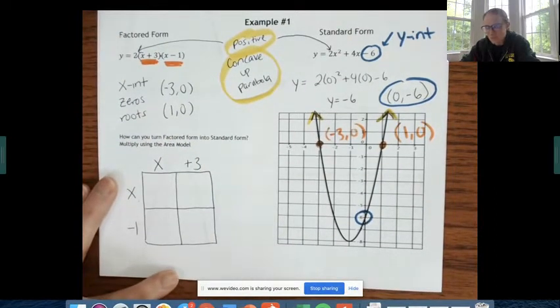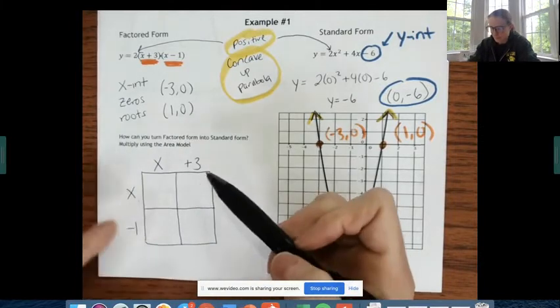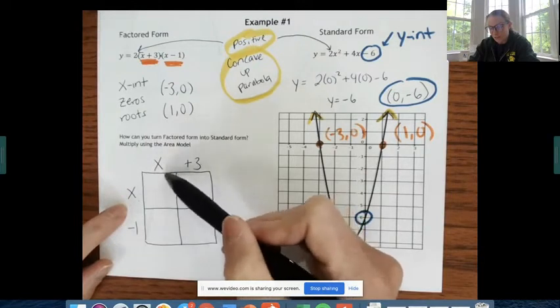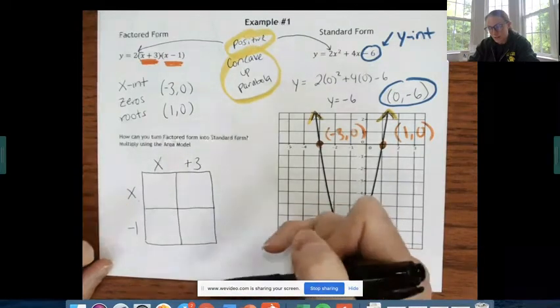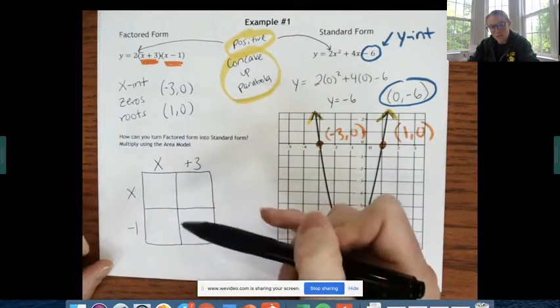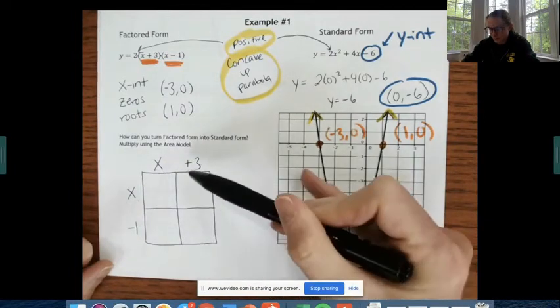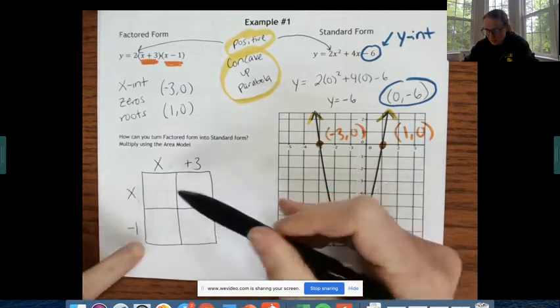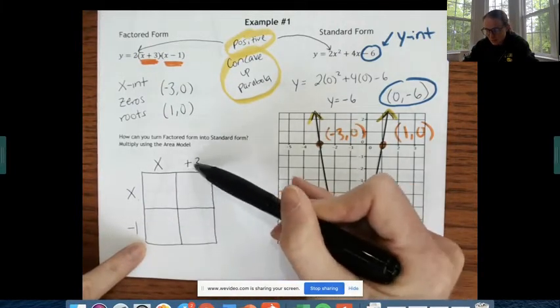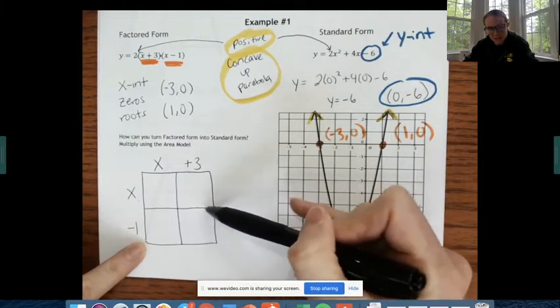All right. So let's take a look. How we multiply is we're finding the area of each of these boxes. You find the area by doing the length times the width. So let's do the easy ones first. I have negative 1, which is the length of this side, and then positive 3, which is the length of this side.